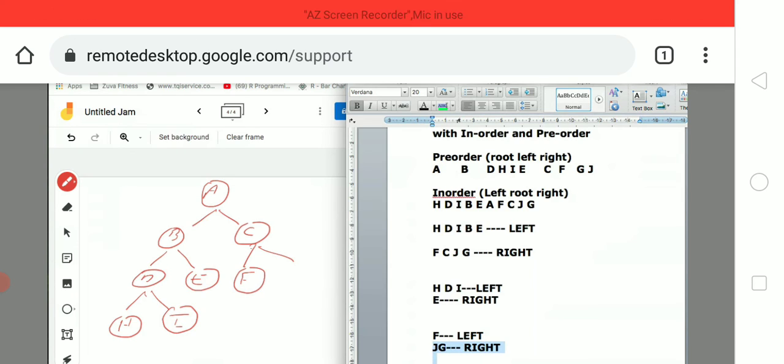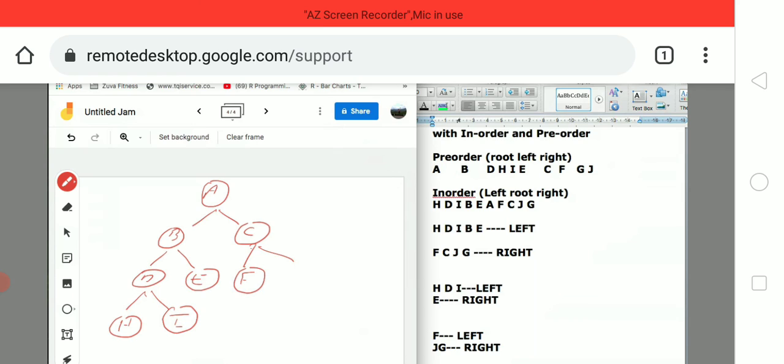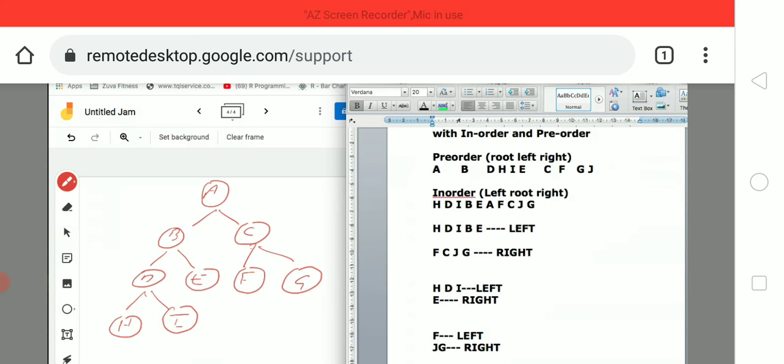Okay, so that's why I am giving G, and here G becomes the parent node and J is on the left side for G, and there is no element on the right side for G. Only one element, which is J, that belongs to the left side.